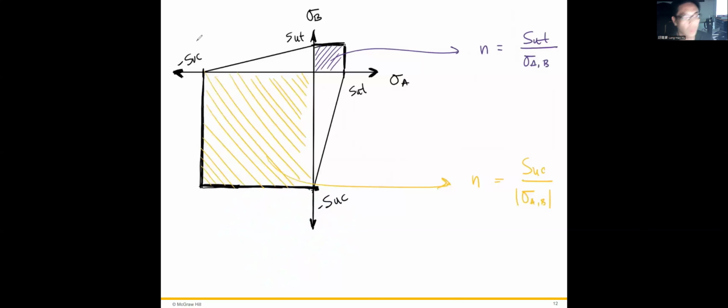So what is the Coulomb-Mohr? Last slide, we just drew the Mohr circle. Now we are going to plot the stress envelope of the Coulomb-Mohr failure criteria. The difference is that for the maximum normal stress criterion, the stress envelope is like this.